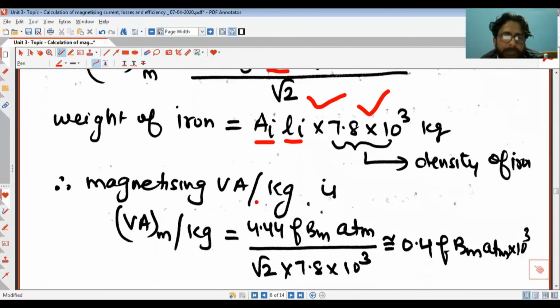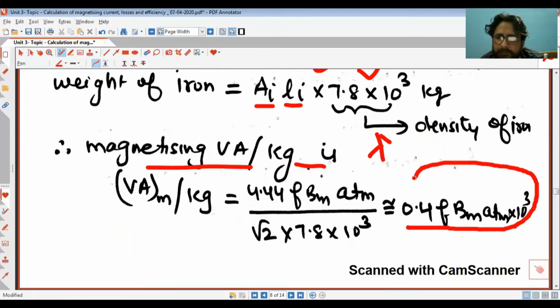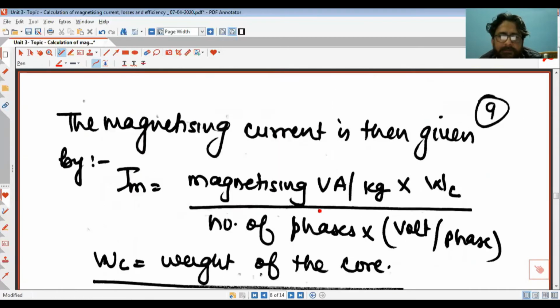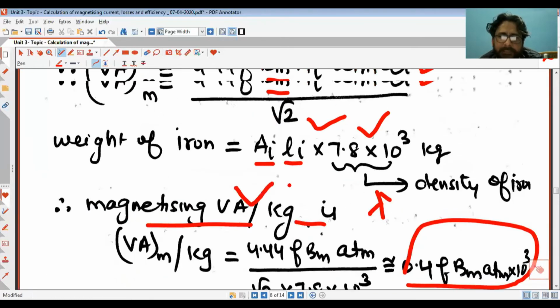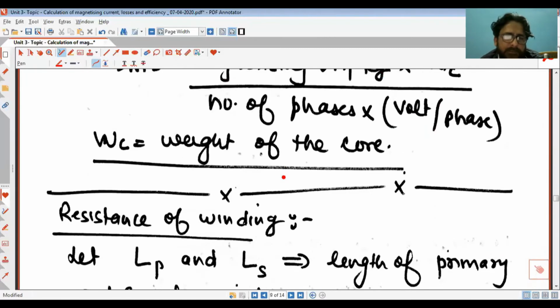From here, you can find out the magnetizing volt ampere per kg. Now dividing this with the density, you'll get a new equation which is equal to 0.4 F Bm ATM into 10 to the power 3. This is the magnetizing volt ampere per kg. Magnetizing volt ampere per kg and magnetizing volt ampere are basically the operating characteristics of the transformer, right?